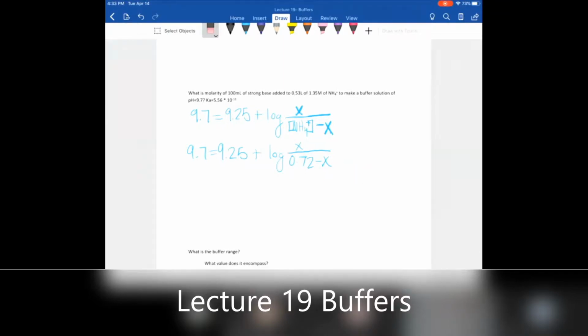So you're just going to end up solving for x. You're going to have 9.7 minus 9.25 equals log of x over 0.72 minus x.